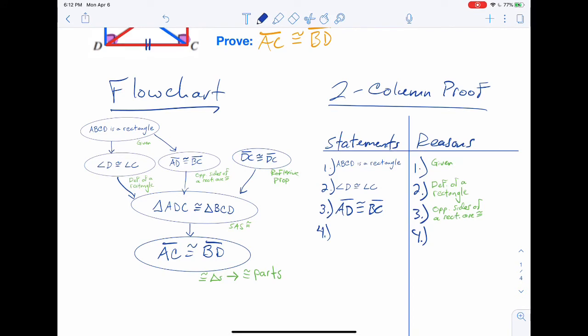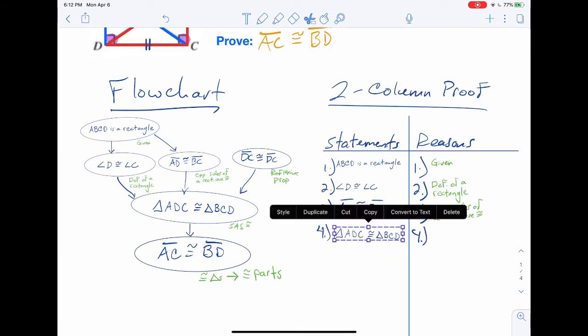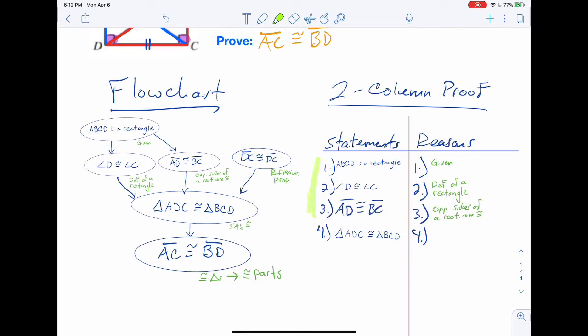Now, what if at this time I put this statement here? I put this as my fourth statement. The problem with that is that above this, somewhere up here, I need to have all of the conditions for this.